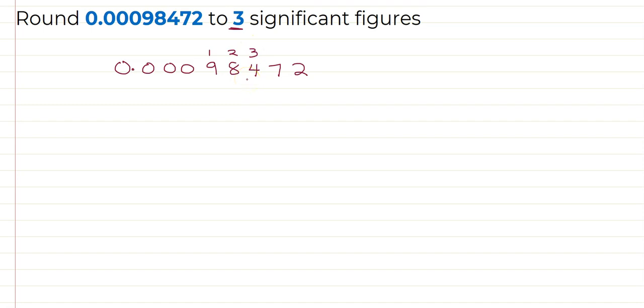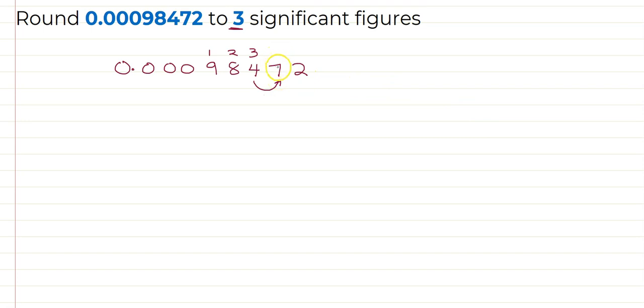Now, what is our rule? Our rule says that we're going to look at the digit to the right over here. We can call it the deciding digit because it helps us determine whether we're going to increase 4 to 5 or we're going to leave 4 the way it is. And how do we know what to do? We have to check whether it is 5 or more.